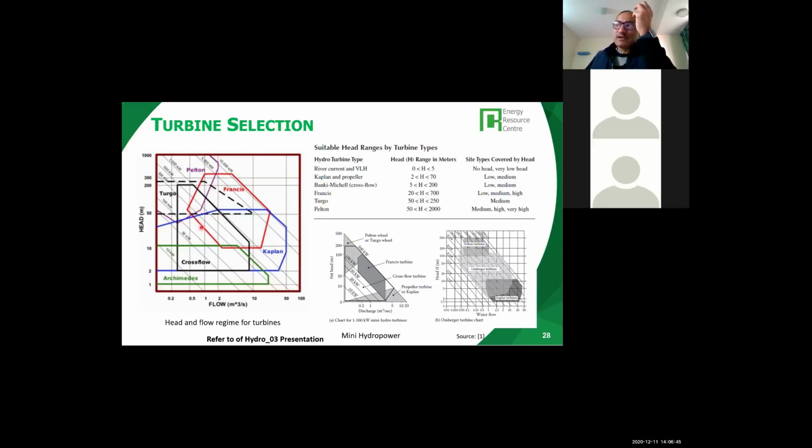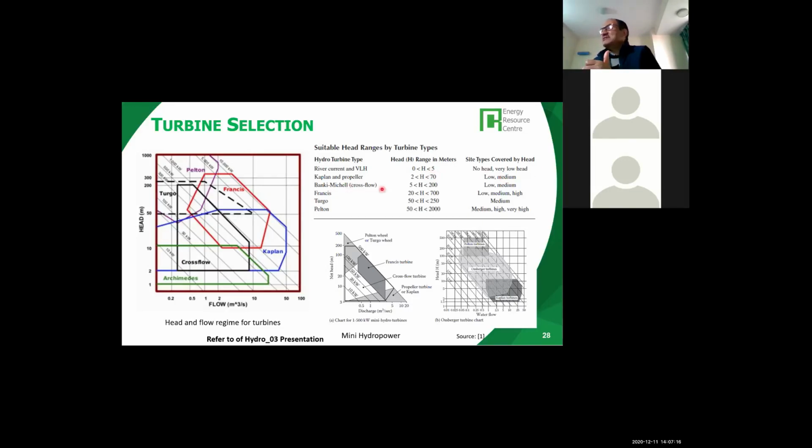So basically for small micro hydro, cross flow, turbo, and Pelton turbines are mostly used because Francis and Kaplan are expensive and difficult to manufacture also. Another factor here is, as I mentioned earlier, that for river current and very low head, turbines have a range of less than 5 meter head.